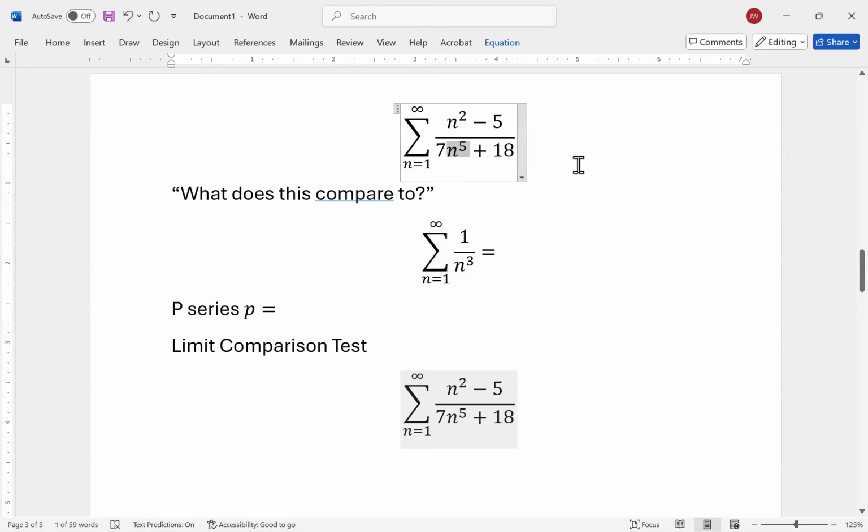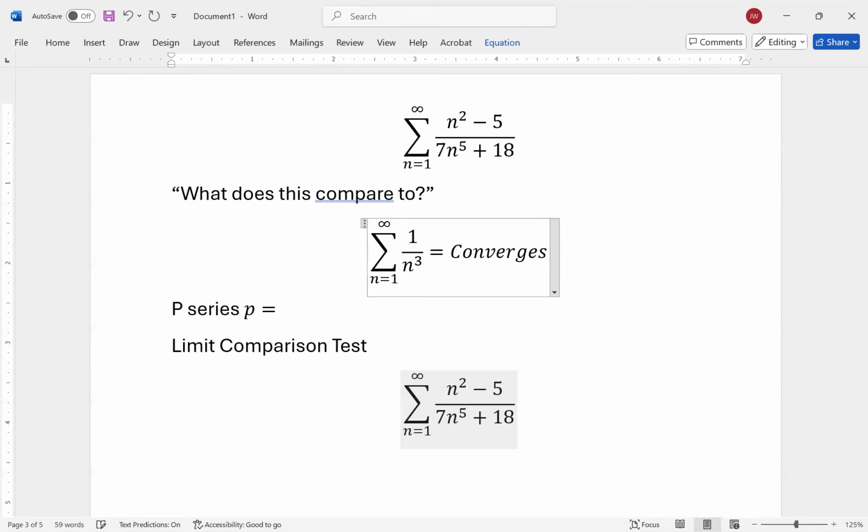So as n grows and grows and grows, that's going to behave like n squared over n to the fifth, which reduces to 1 over n to the third. So again, n squared over n to the fifth, those are the highest growth terms. And that reduces, when I do my exponent rules, to 1 over n to the third. I know that converges because that is a p-series with p of 3.